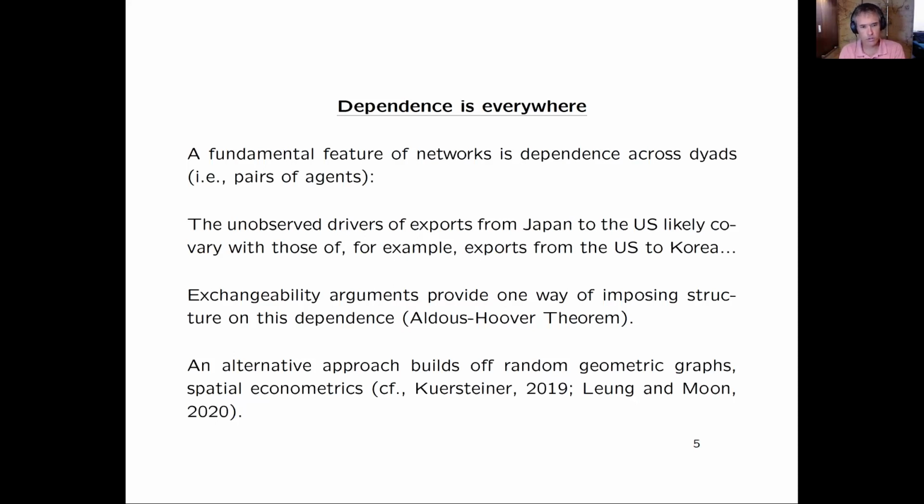Here, a key result is the Aldous-Hoover theorem. And an alternative approach builds more off a spatial econometrics, time series perspective. It's an open question which approach is useful and where, and then more deeply how the two connect.